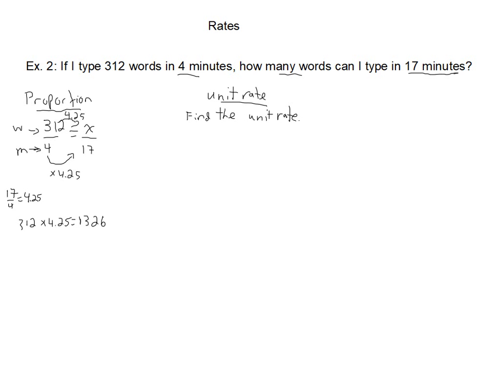To find the unit rate, we take 312 words divided by 4 minutes. When we plug that into the calculator, we get 78 words per minute.